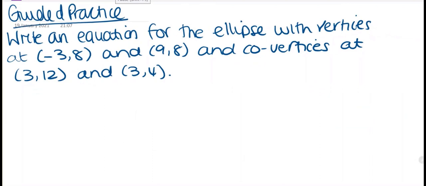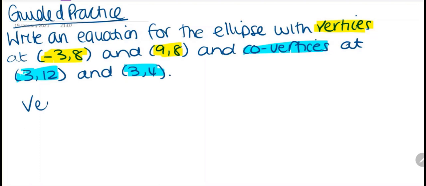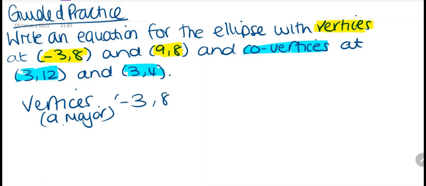Okay, so guided practice. Write an equation for the ellipse with vertices at (-3, 8) and (9, 8), and the co-vertices at (3, 12) and (3, 4). We know that the vertices are A, on the major axis, and they are (-3, 8) and (9, 8).